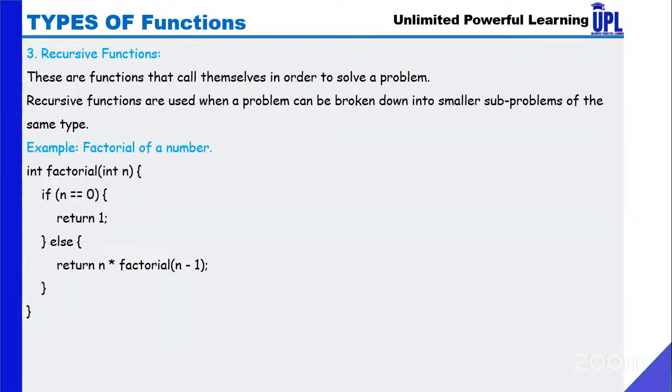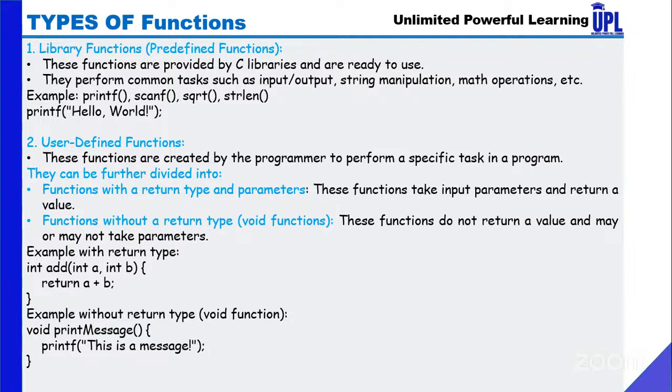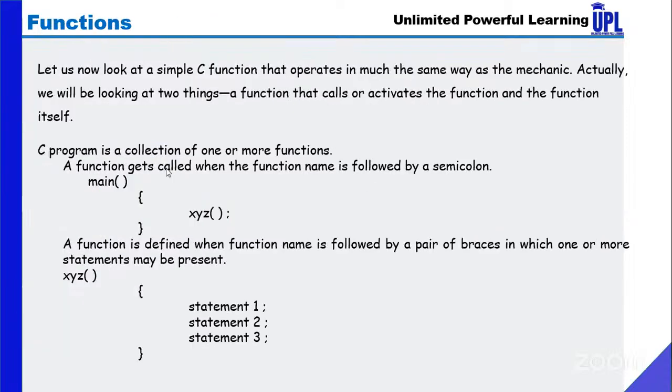But basically, whatever function we write ourselves is called a user-defined function. Using user-defined functions, we can write a simple function, that means we are writing a block of statements.